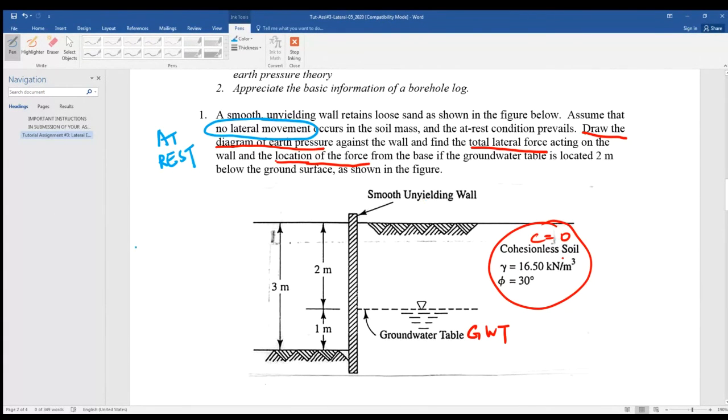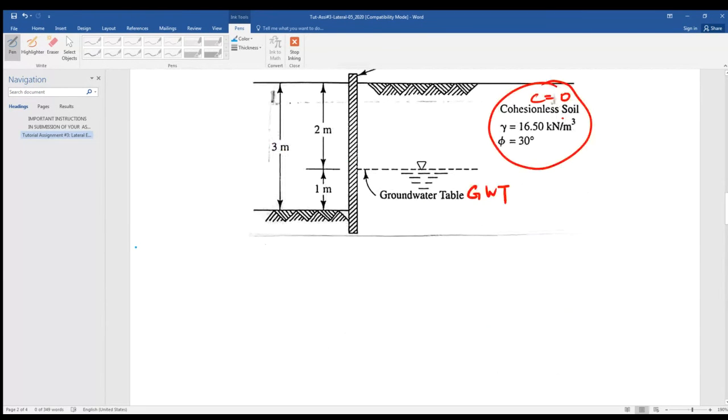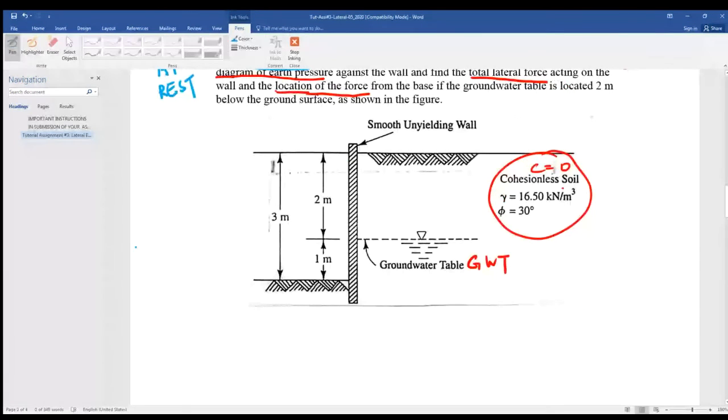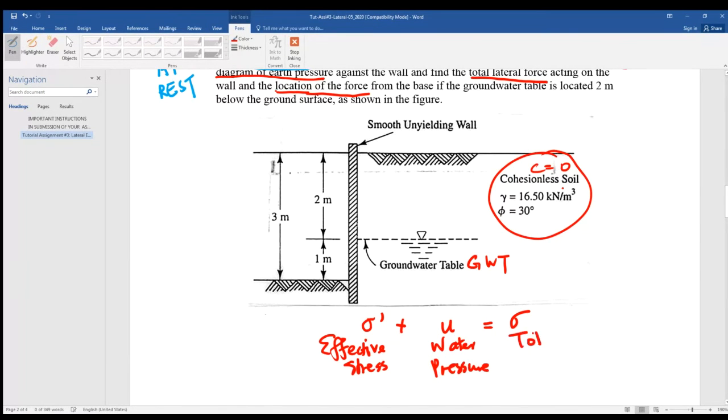So you have the effective stress, and then you plus the U, the water pressure, equals the total stress, before you get the total pressure, right?